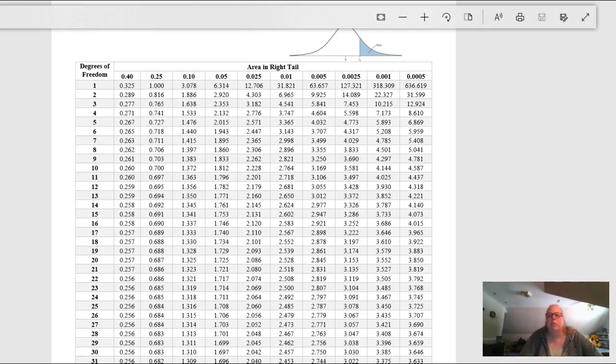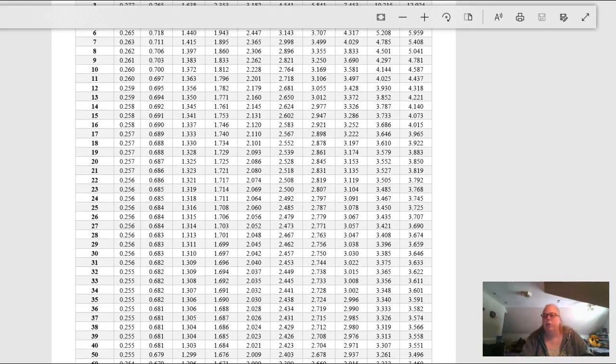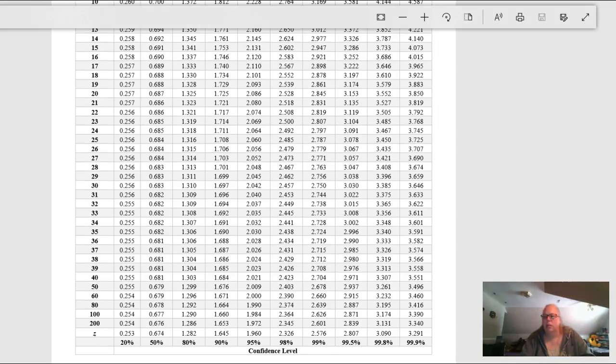Now notice the top does not have the percentages on there. The percentages are actually located down here on the bottom, and so we're going to need to scroll down here to the bottom of the chart to get to our differences. Okay, so here's our 95% right here across the bottom. This is 1, 2, 3, 4. This is the 5th column over.